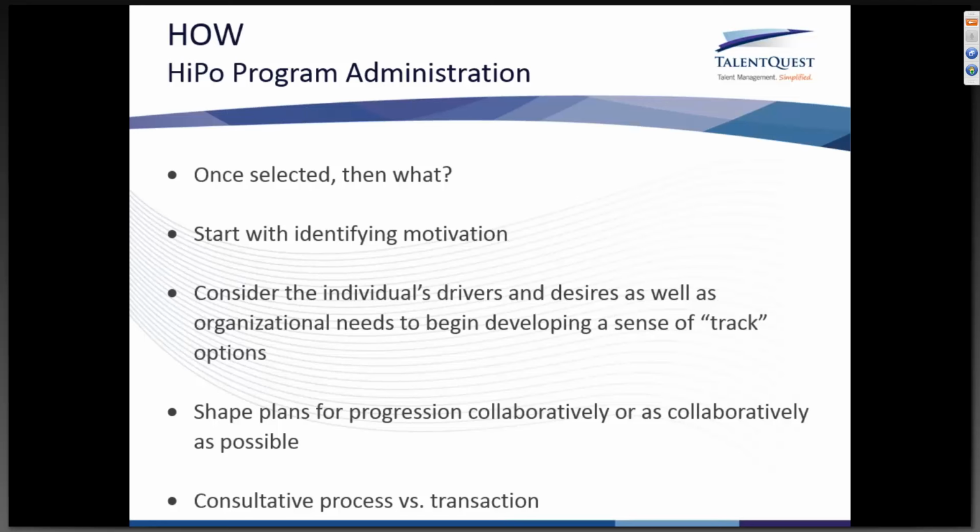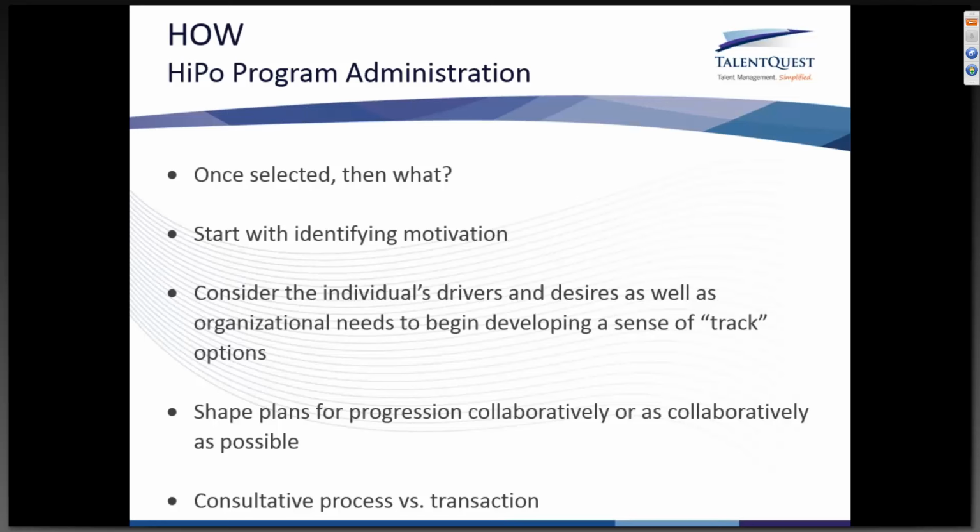Talking through, once you have that group of people, then what? Obviously, a good place to start is identifying the high potential employee's motivation, and you should already have some of that information if you're doing a well-done assessment.